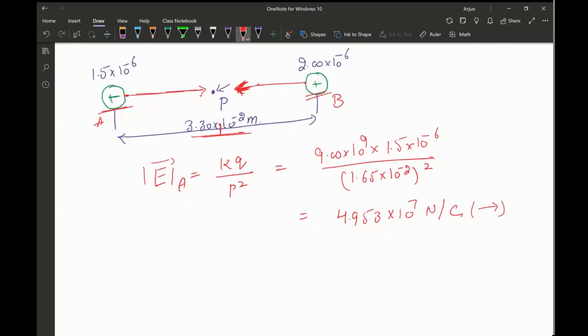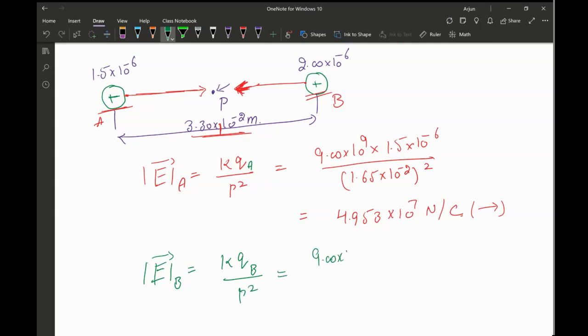And then we will try and find out EB also. EB value will be equal to, again, KQ2. I'll mark this one as QA, here I'll mark it as QB, divided by R square.